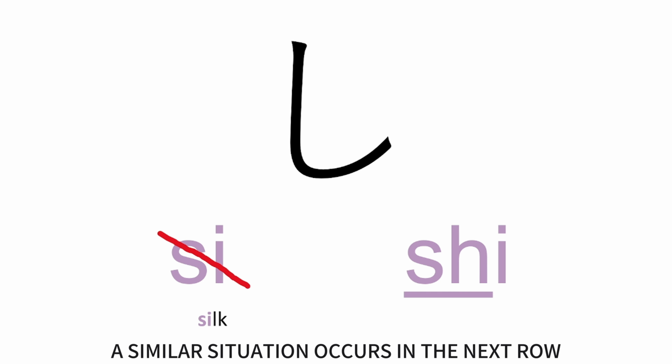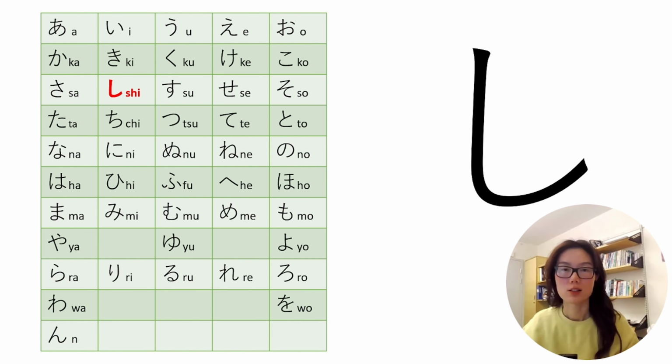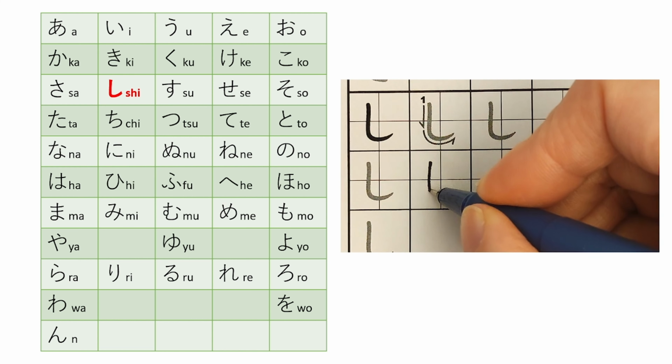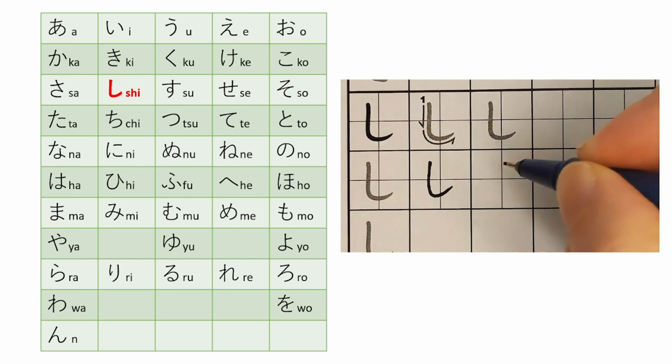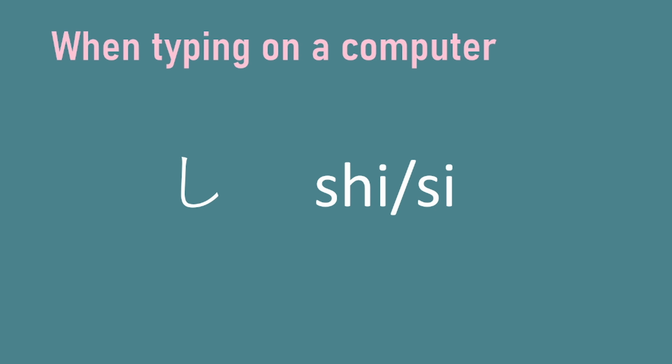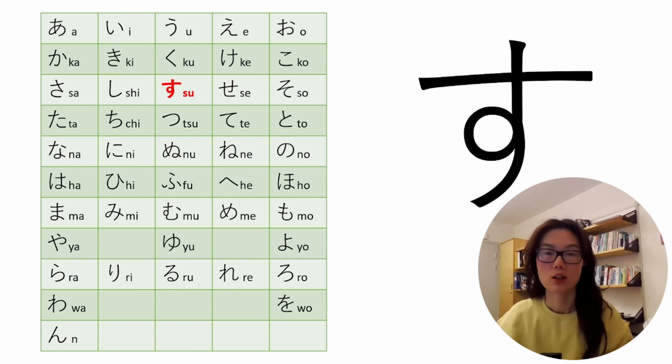A similar situation occurs in the next row. Shi, shi, shi. When typing on a computer, both SHI and SI can give you shi. Su, su, su.